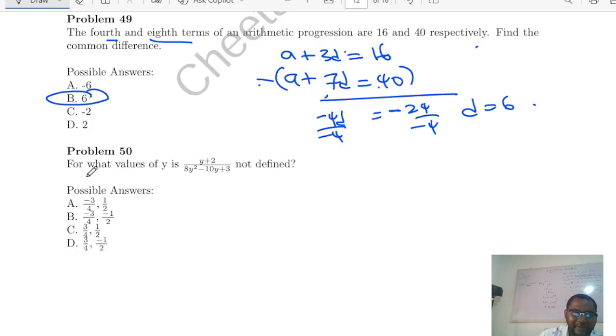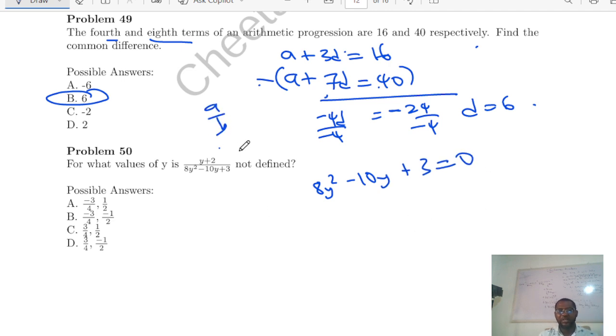This one says, for what values of y is y plus 2 over 8y squared minus 10y plus 3 not defined? Now, for a rational function not to be defined, it means that the denominator 8y squared minus 10y plus 3 must be equal to 0. That is only when a rational function a over b will be undefined. The denominator will be equal to 0.